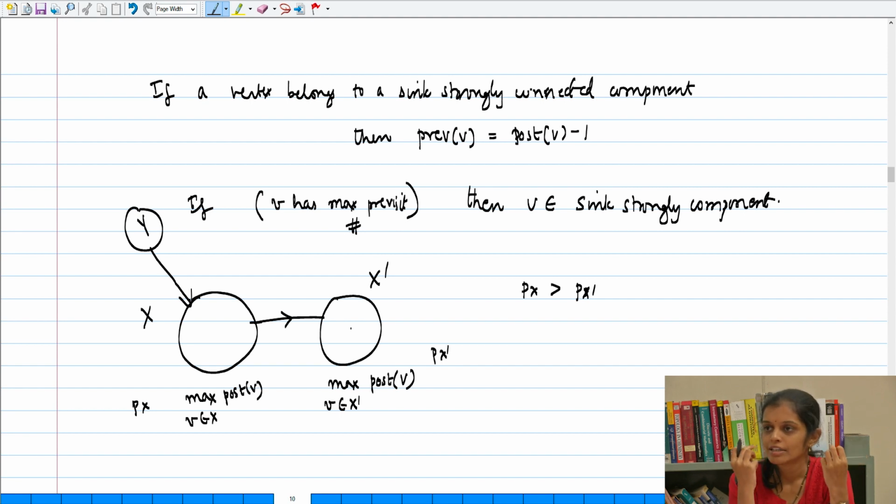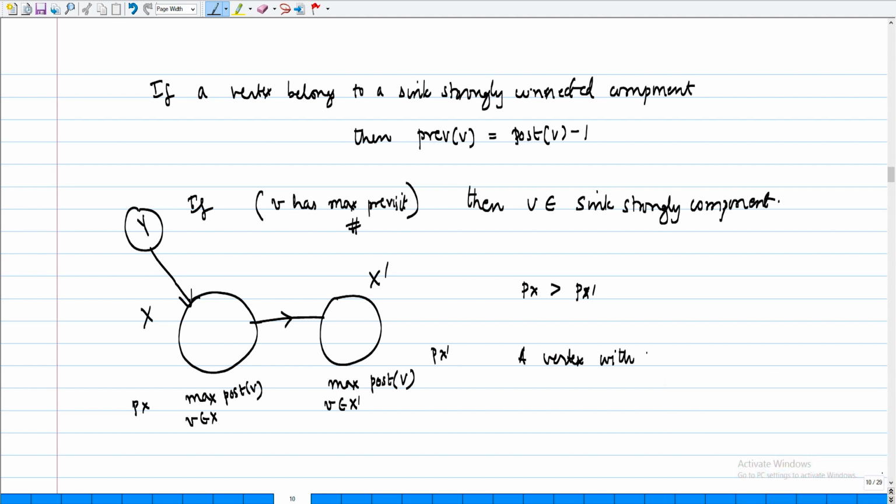We don't know the component, we just know that that vertex belongs to a source strongly connected component. But that was not our interest, right? So we know how to identify a vertex belonging to a source strongly connected component. So a vertex with max post visit number belongs to a source SCC, right?